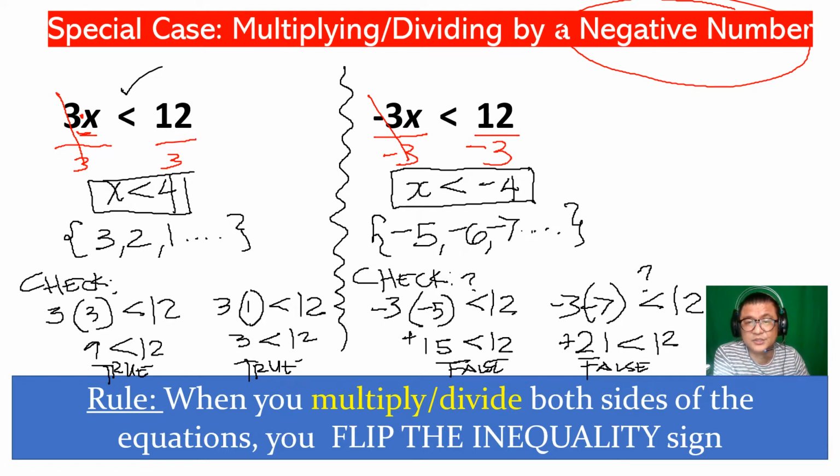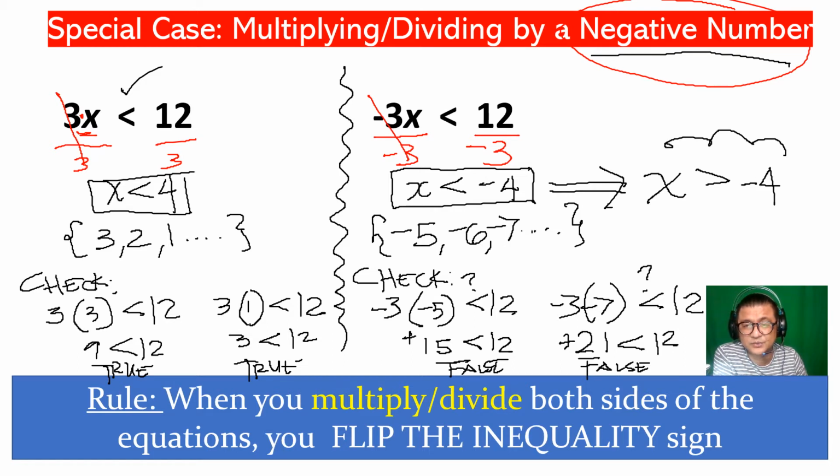Everything is greater. So every time you encounter multiplying or dividing by a negative number, guess what will happen? x cannot be less than, x should be greater than negative 4. Only this will make it right. Okay?